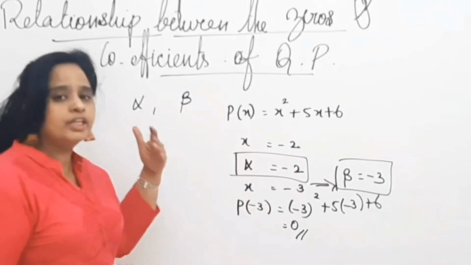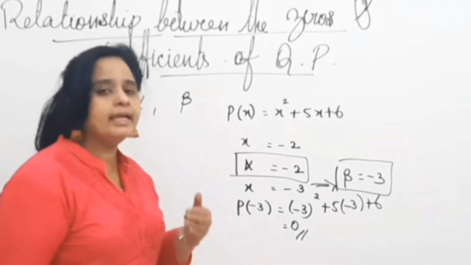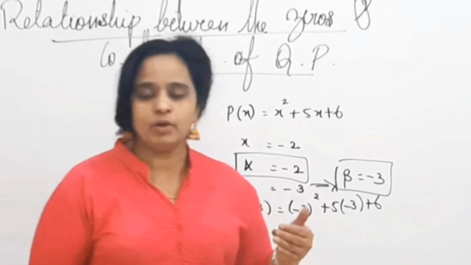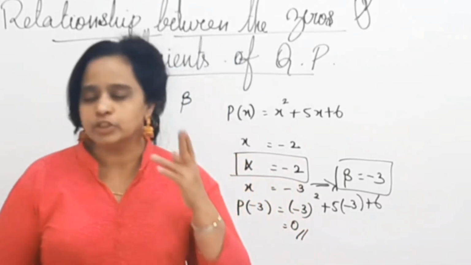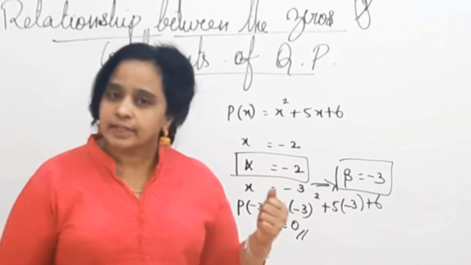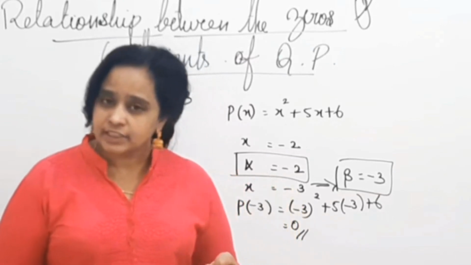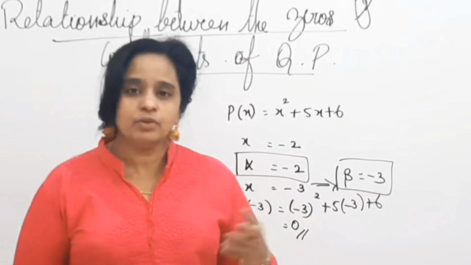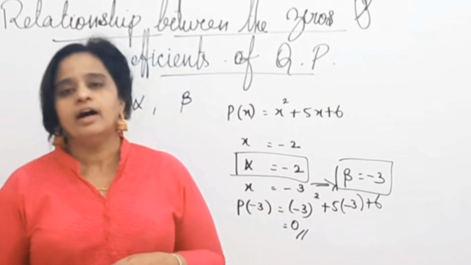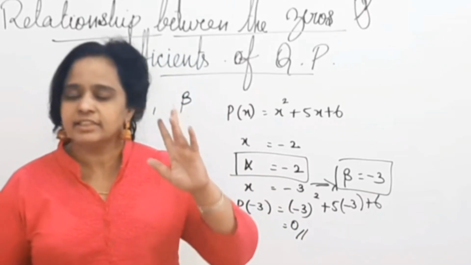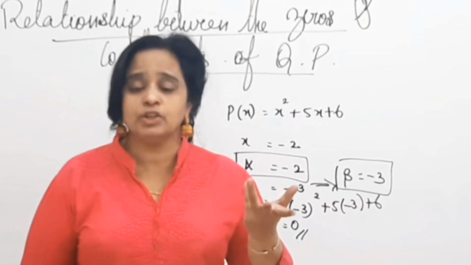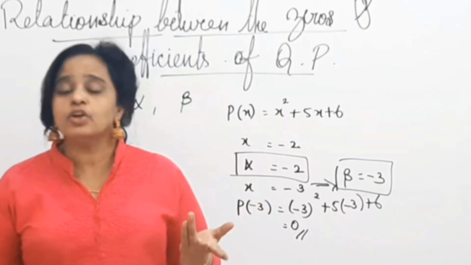If you try to substitute any other value, it will never get 0, because it has at the most 2 zeros only. So it can have equal zeros and it can have 2 different zeros. That's not a condition, but maximum it will have 2 zeros. It can have 0 zeros, that means zeros are not possible.